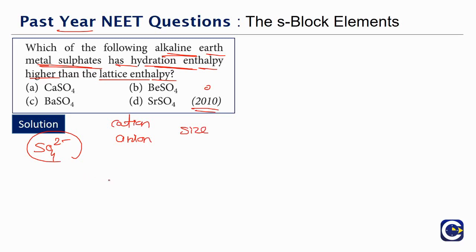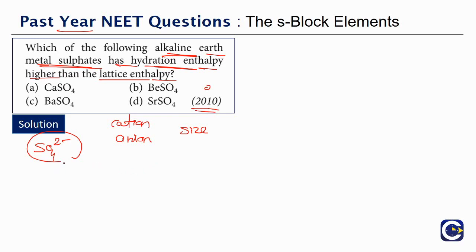If you have a large cation, a large anion will be able to fit efficiently in the lattice, and for them the lattice energy is going to be higher. If you have a large cation, small anion, or small cation, large anion, when the size difference is large, then the lattice energy will not be much.